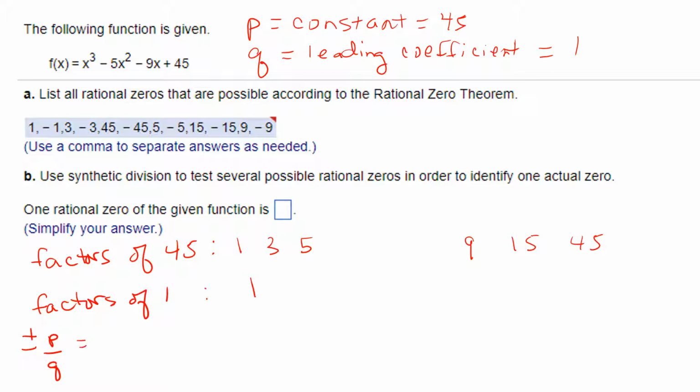It is plus or minus 1 over 1, plus or minus 3 over 1, plus or minus 5 over 1, plus or minus 9 over 1, plus or minus 15 over 1, plus or minus 45 over 1. So according to the rational zero theorem, my possible rational zeros are plus or minus 1, plus or minus 3, plus or minus 5, plus or minus 9, plus or minus 15, and plus or minus 45.